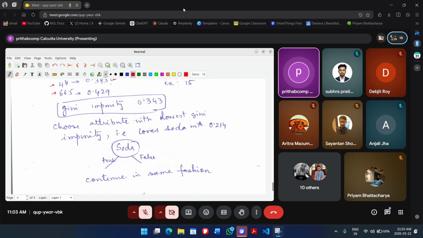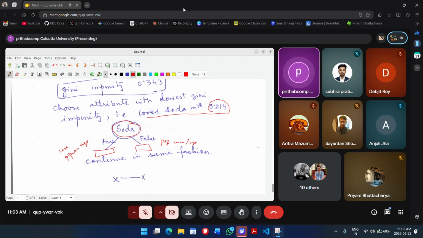So choose the attribute with the lowest Gini impurity, that is loves soda with this 0.214 value. So this is going to be your first attribute in the decision tree. Now for this true and false, you will again build, and then excepting soda, use the other two attributes, popcorn and age, on both sides. Okay, and keep on growing the tree in the same fashion.